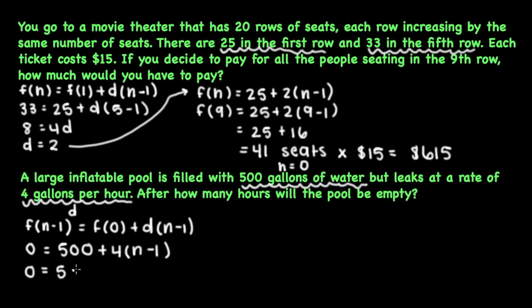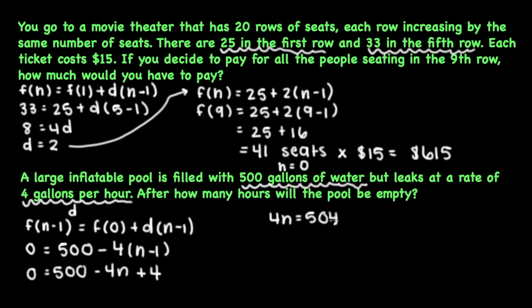So simplifying on this right side, we get plus 4n, or actually this is minus 4 since it's leaking. So that's going to give us 500 minus 4n plus 4. So now we get 4n is equal to 504, which leaves n equal to 126.